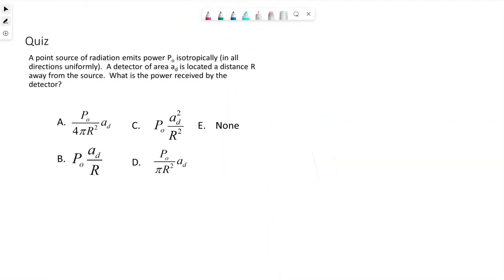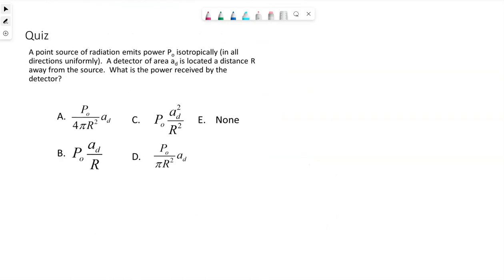One more question. Correct answer here is A. Now, side note, electromagnetic waves are often called electromagnetic radiation.